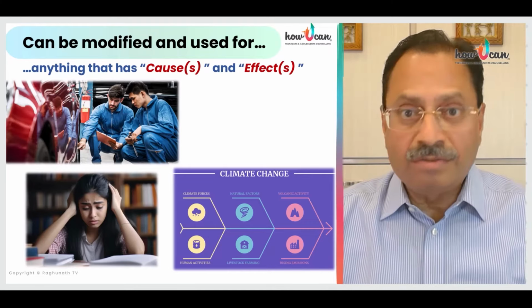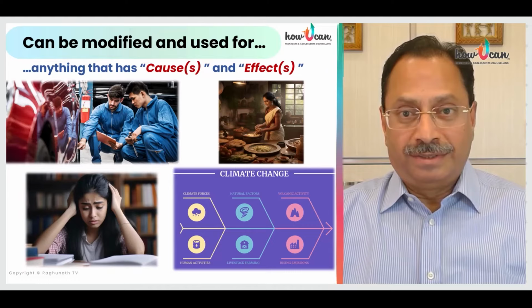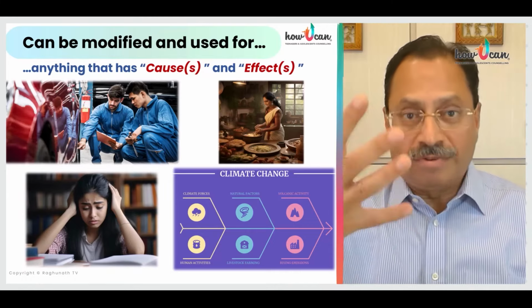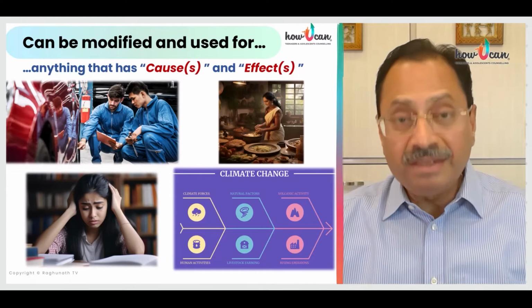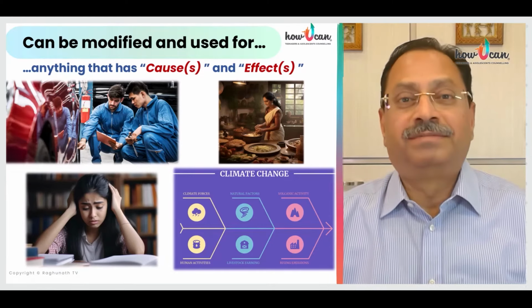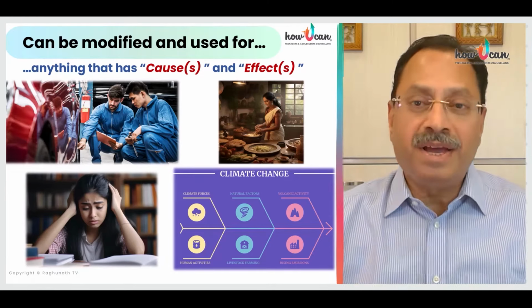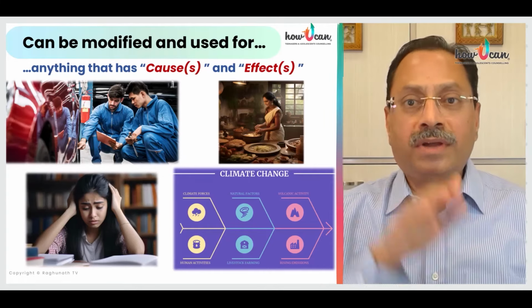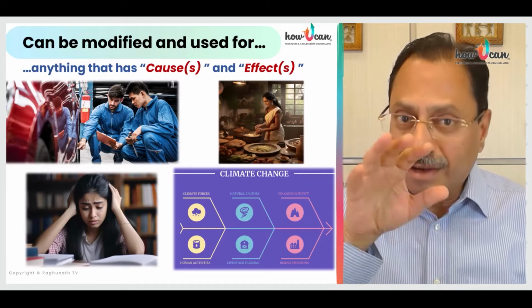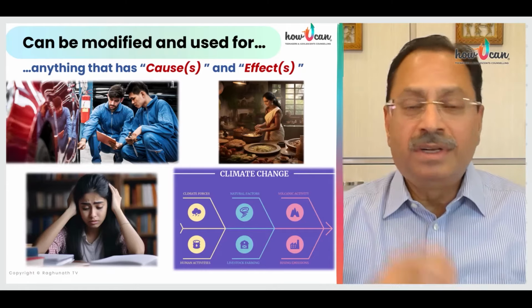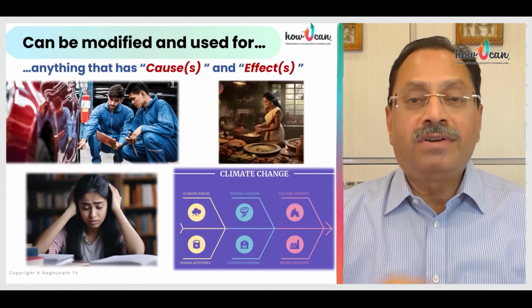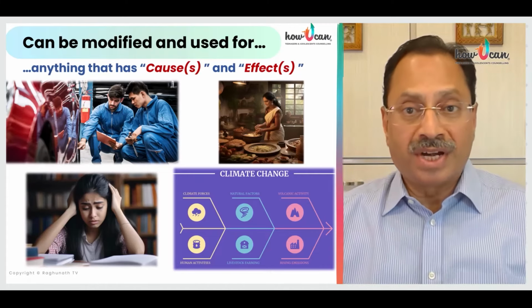I will go to the extent of a very homely, domestic example too. If you have a feast to host for 25 people, want to serve a grand meal, it's a big project. That project can be managed by identifying the various things that can go into either making it a good feast, a happy one, a wonderful one, tasty meals, or things fell short. So the cause and effect can be analyzed for any situation.